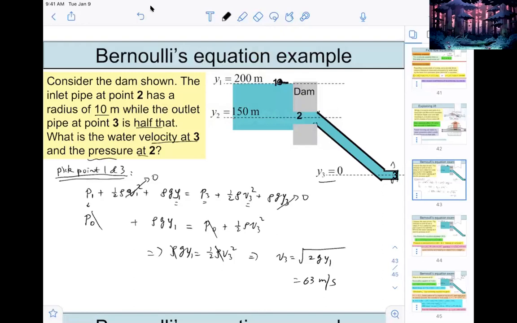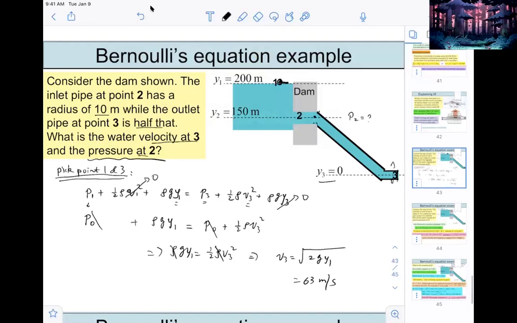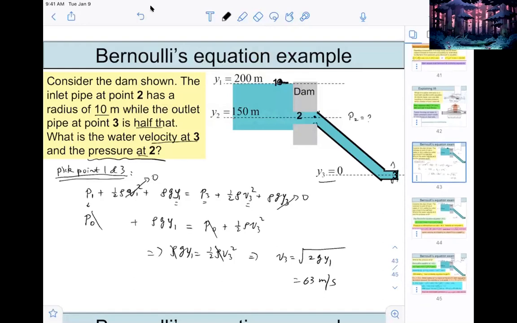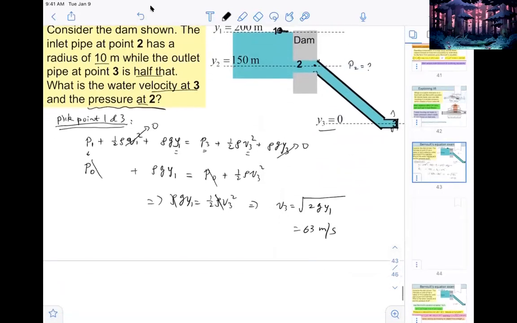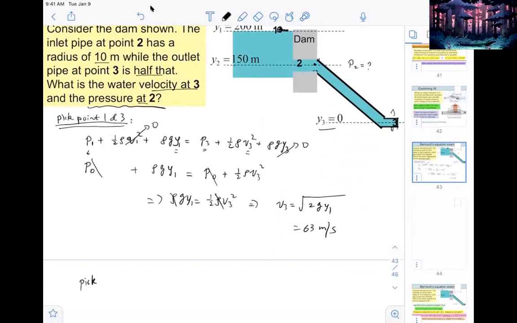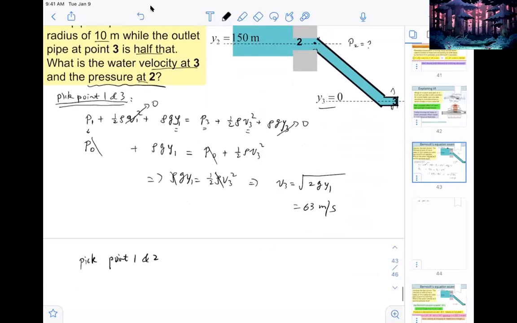And the question asked, what is the pressure at 2? Okay, what is the pressure here? If we need the pressure at 2, let's write Bernoulli's equation for the 2 points, point 1 and point 2. Let's see what we get. Point 1, we already said, is P naught plus rho G y1, right?